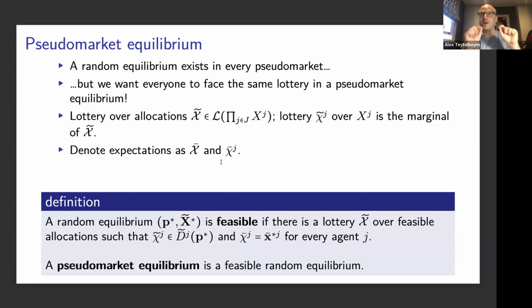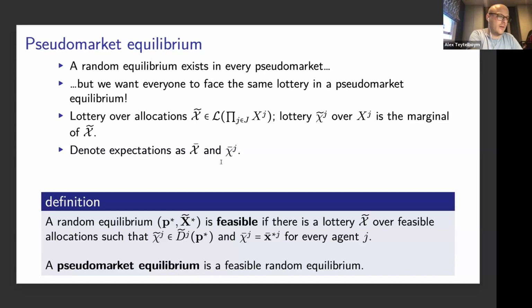So kind of two constraints. You don't have to give the exact same lottery. You just need to give another expected payoff maximizing lottery, but they also need to match in expectation, so the market clearing is not violated, right?